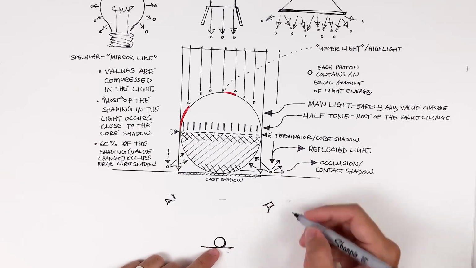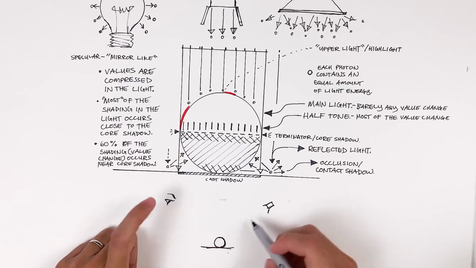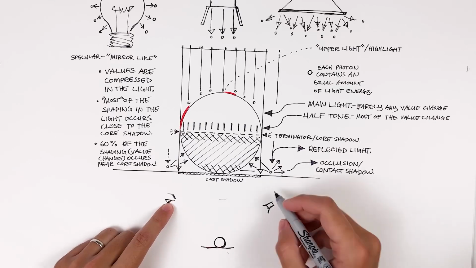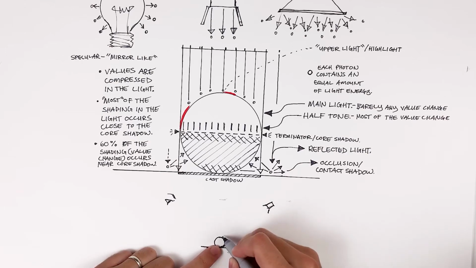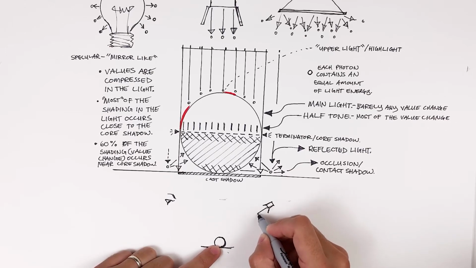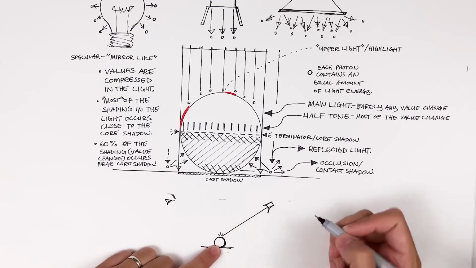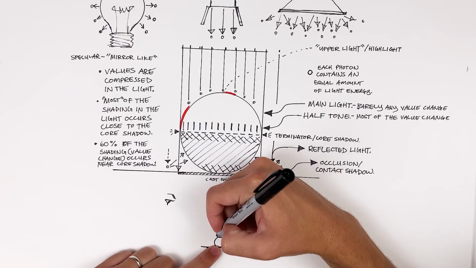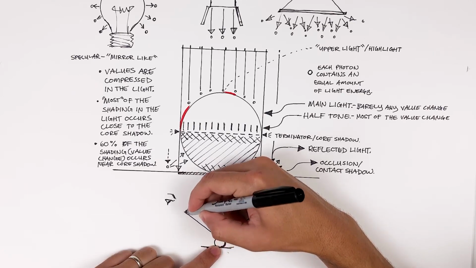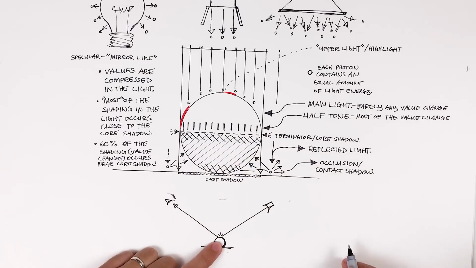So let's just say that the light is in the same position, the same angle to the ball as our viewpoint is. So what that means is that the light is going to shoot a photon down here, hit the ball at the top, and then it's going to bounce that photon back to our eye.